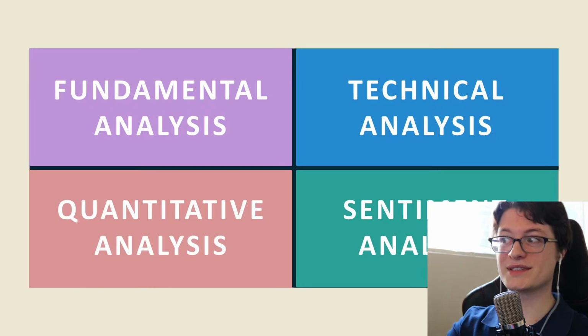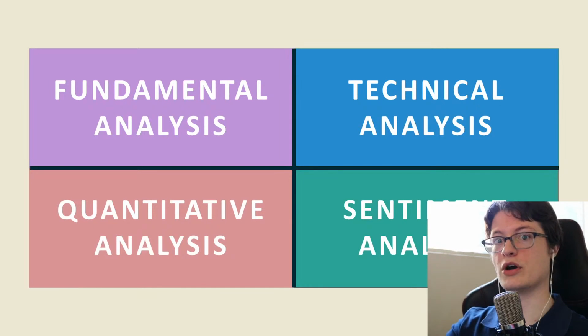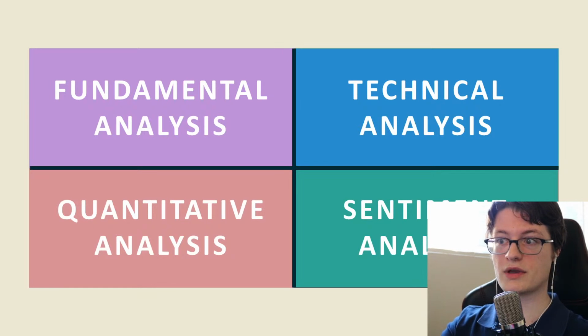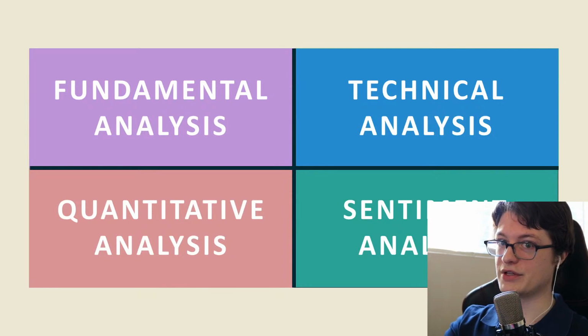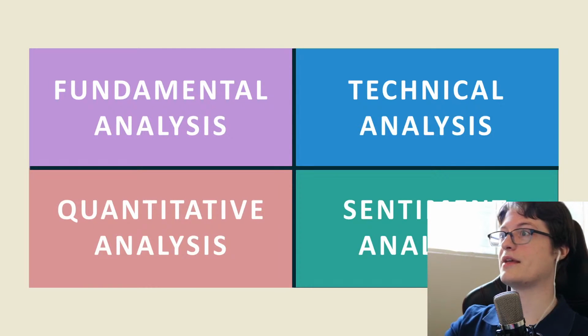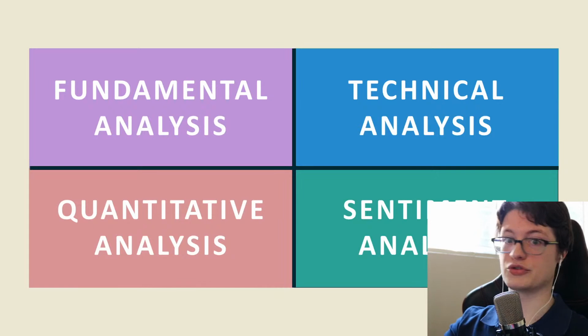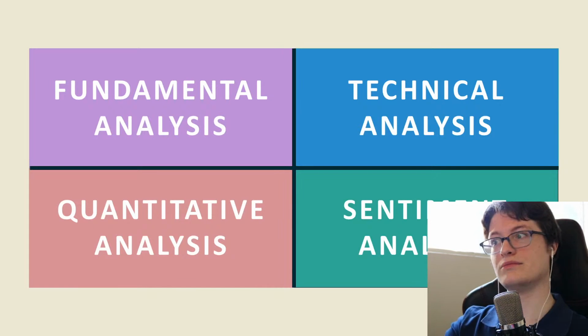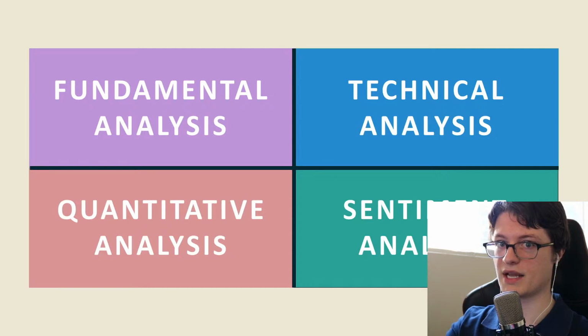For example, for sentiment analysis, you'll typically go and find a lot of surveys of businesses, like the ISM. Well, the ISM numbers can be quantitatively used to forecast GDP. And then they can be understood fundamentally by just reading the trends on ISM data or the trends in the sub-indices of the ISM data.